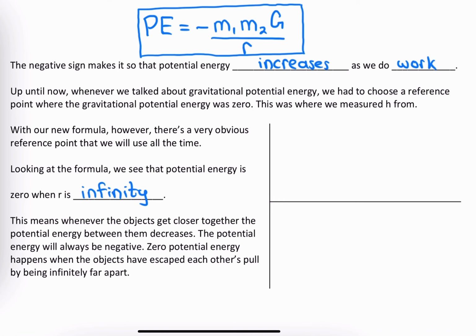Now, to help illustrate this, I think it's useful to draw a little graph. So what we're going to do is a graph of, and we're just going to sketch this, potential energy versus R. So again, let's consider a scenario where M1 and M2 and big G are all fixed, and we're just changing R on the x-axis to see what happens to the potential energy.